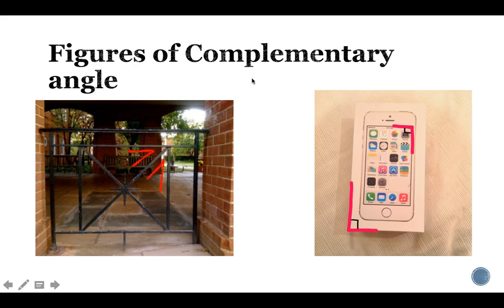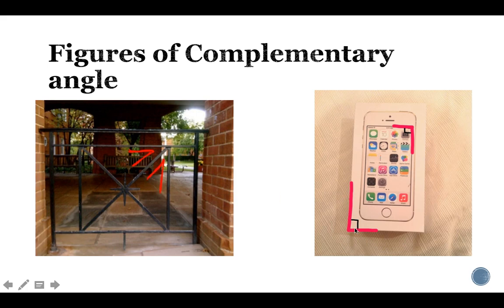Let's go to figures. Now here complementary angle is made. See this angle? See this angle? So these two angles when we add up will be 90 degrees.